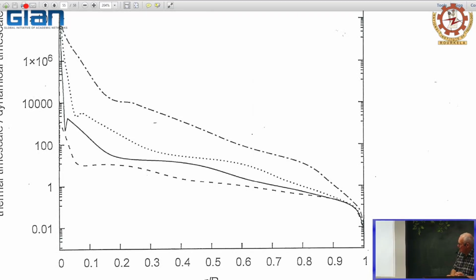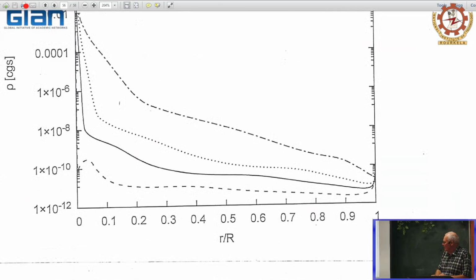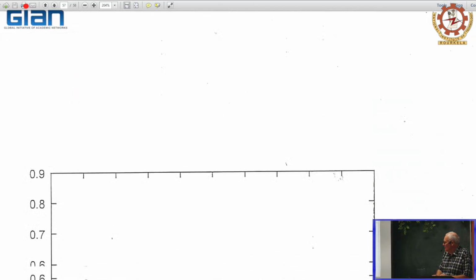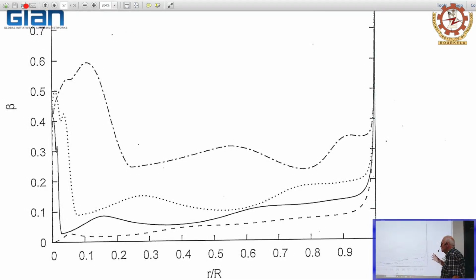Well, together with the thermal timescale, also the fraction of gas pressure is found to vary with mass. So what we have here is the fraction of gas pressure, the ratio of gas pressure to the total pressure, given as a function of the relative radius. Here we have the 50 solar mass object.